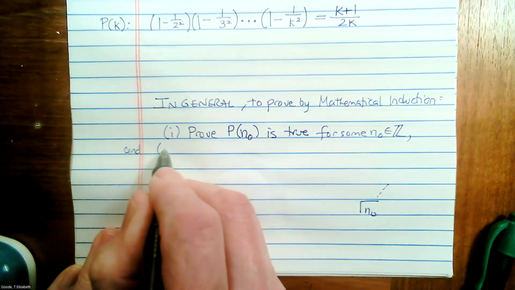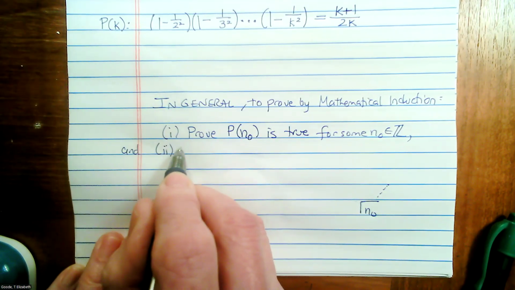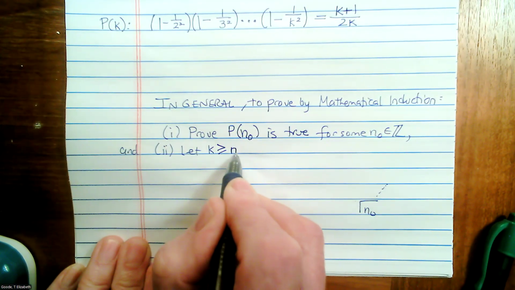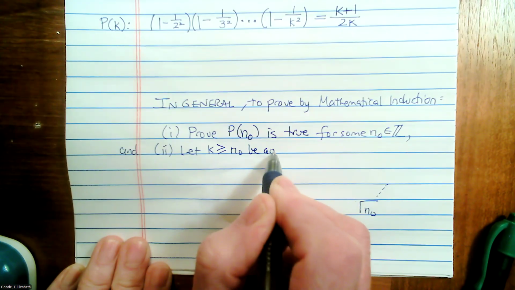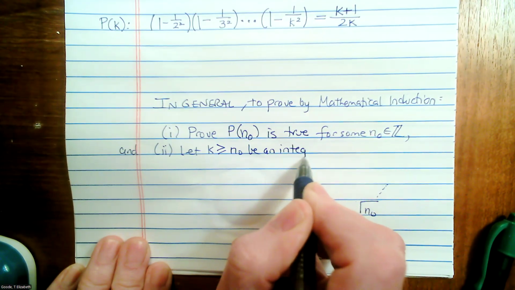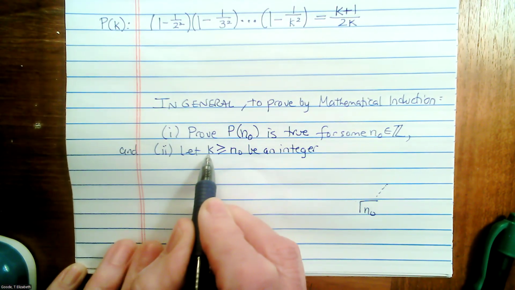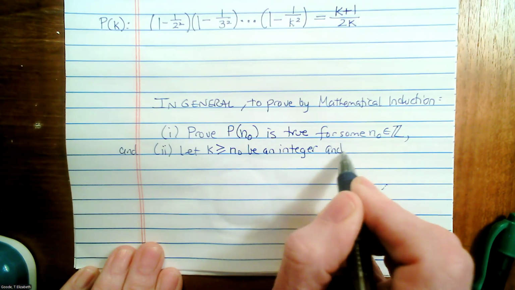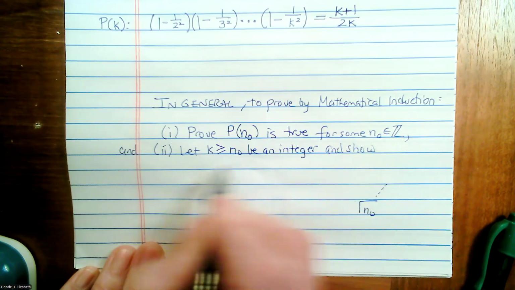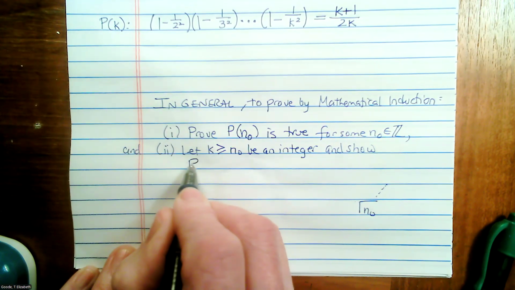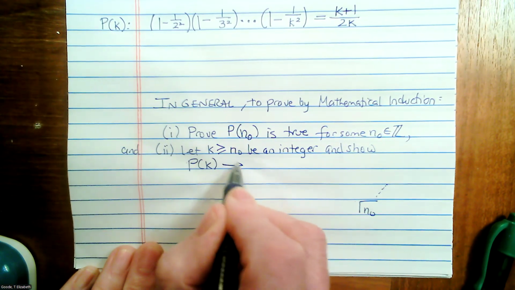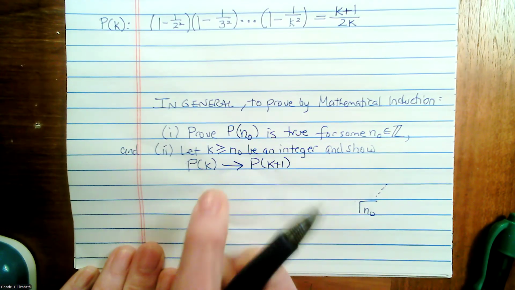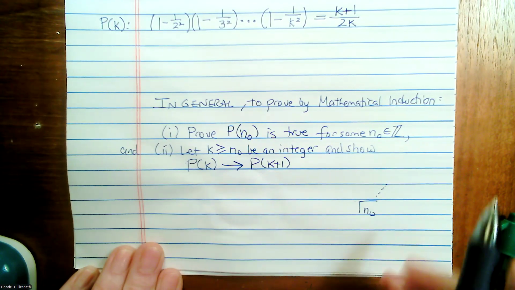And then we let K greater than or equal to n naught be an integer. So we just set ourselves up and we're just saying, hey, this letter represents an integer, and show that P of K implies P of K plus 1. This is called the inductive step.